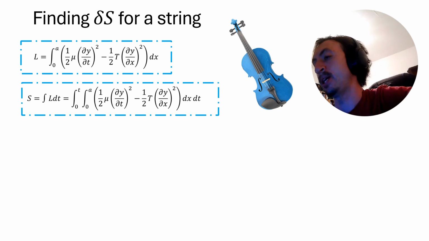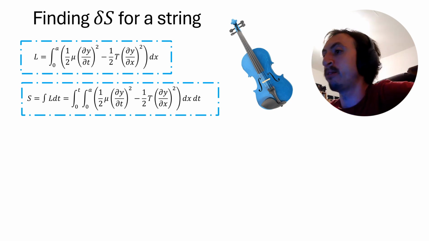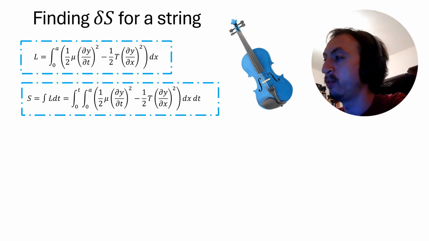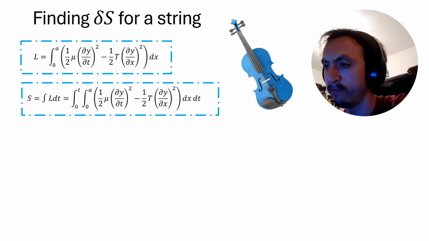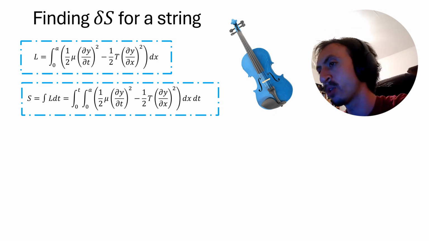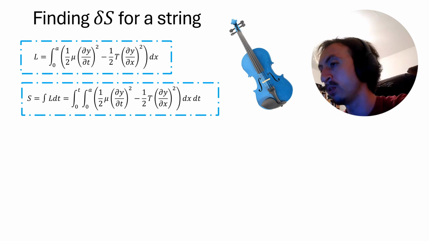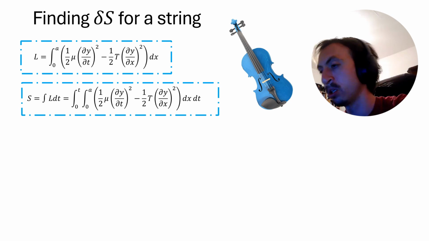Because x and t are independent, as we're not worrying about relativity yet, we don't have to worry about x and t having any interdependence on each other. The order in which you integrate this really doesn't matter. You could have x as your inner integral and t as your outer integral, or t as your inner integral and x as your outer integral.